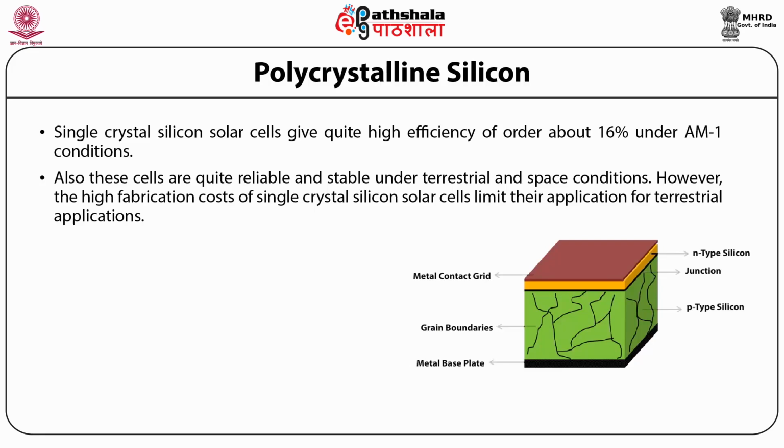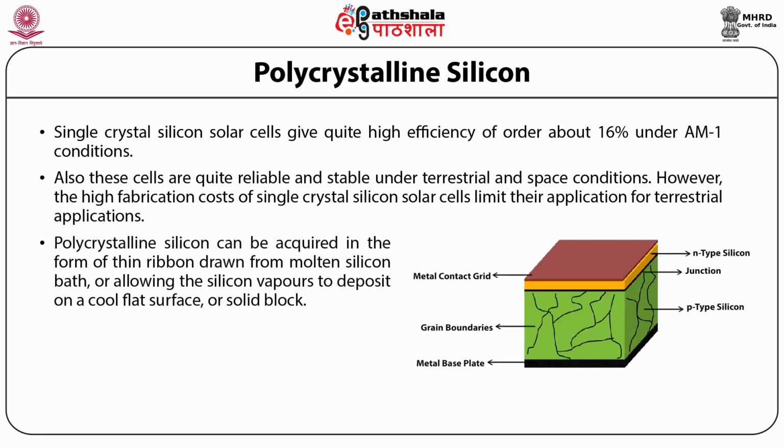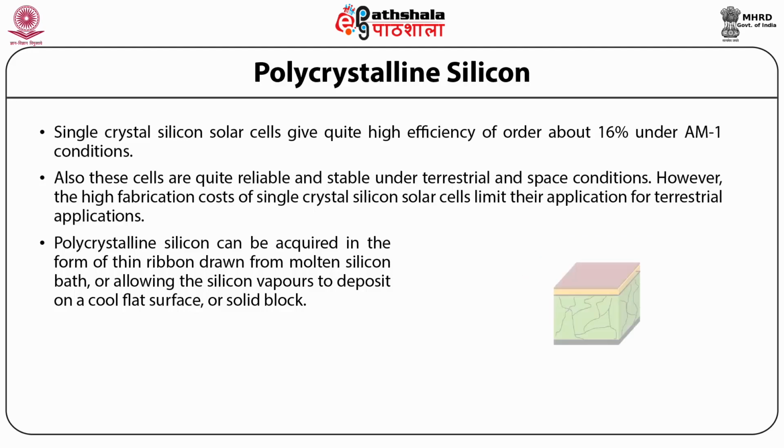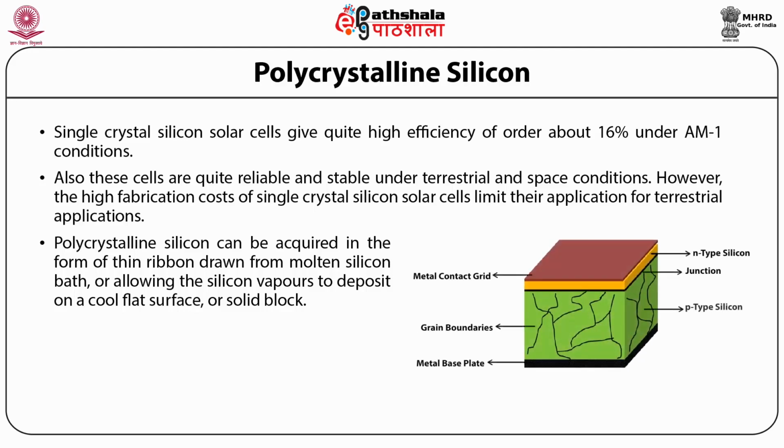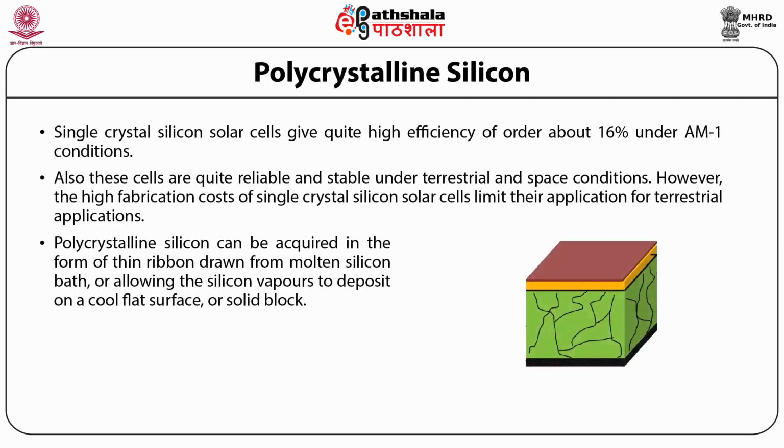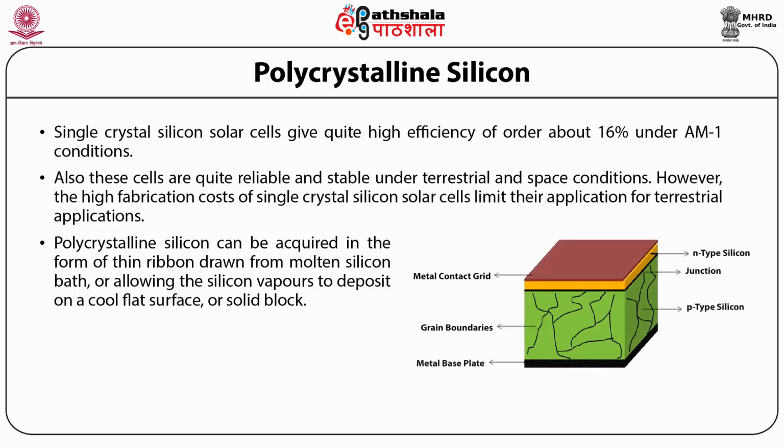Now, it has been discussed earlier that polycrystalline silicon can be acquired in the form of thin ribbon drawn from a molten silicon bath, or by allowing silicon vapors to deposit on a cool flat surface or solid block. If the molten silicon cools under normal conditions, then the resulting block contains a myriad of microscopic crystals.